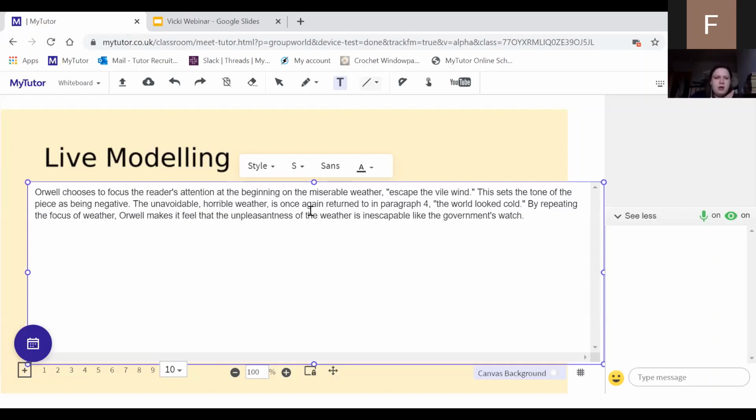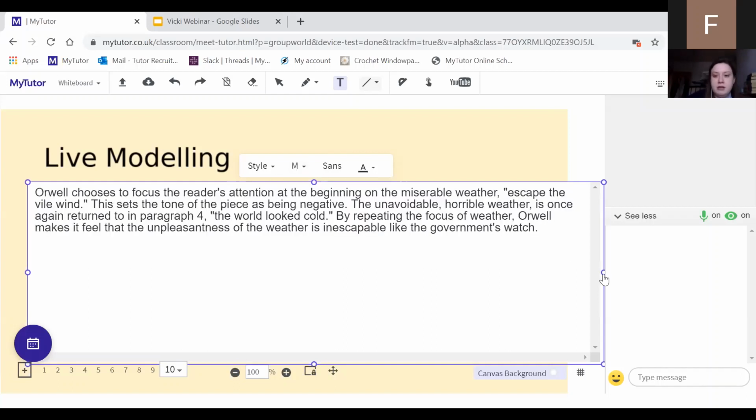So a relatively basic paragraph there, but I've talked about why he would want to return, and what really sort of seals the deal here is that I'm drawing the parallel between the weather being inescapable, like the government's watch. So I'm talking about sort of Big Brother watching, and I'm talking about why that's relevant.